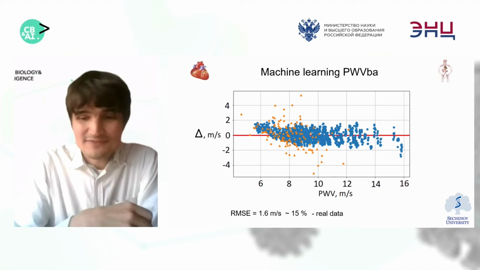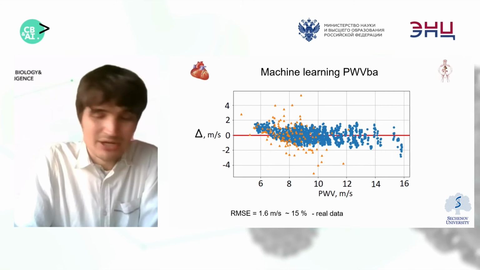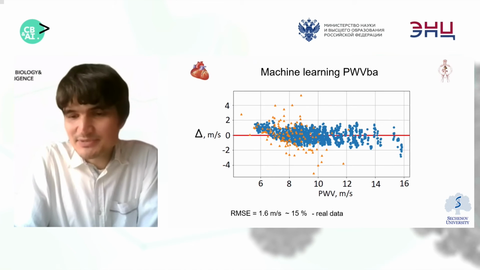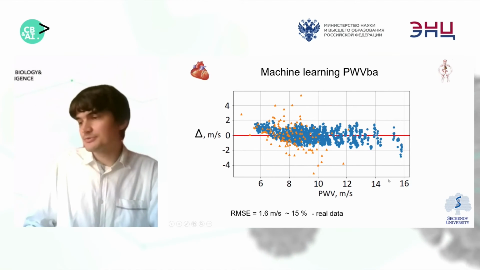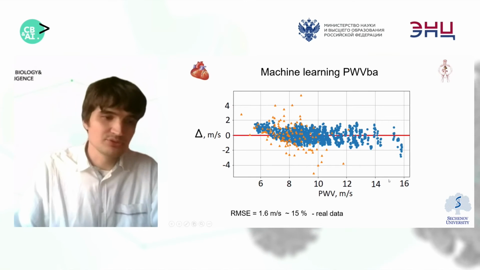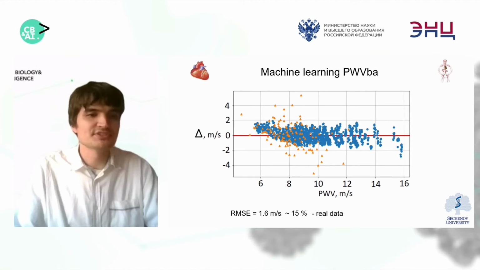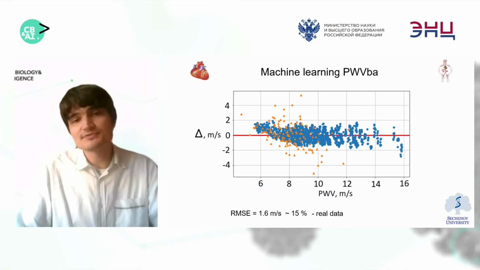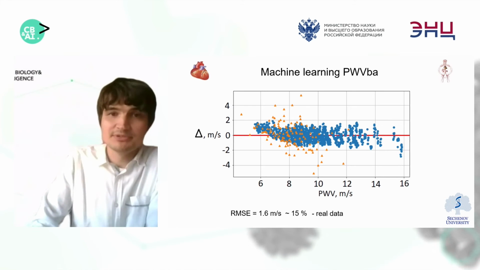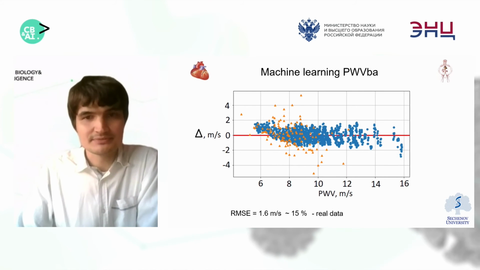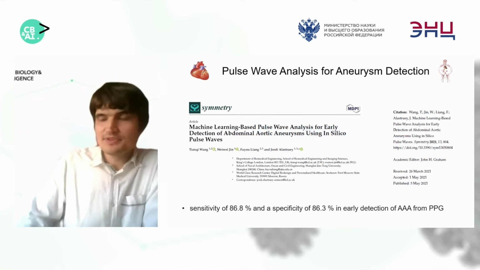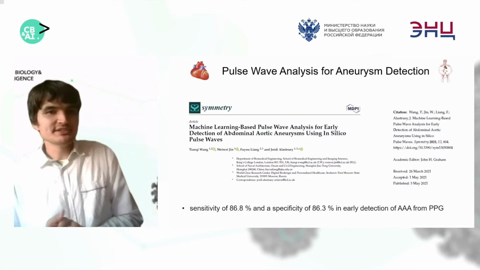And also we used a very restricted number of parameters that can be easily obtained from the patient. If we increase the number of parameters, we can improve our accuracy. So we can use an artificial intelligence method to predict pulse wave velocity, which is an important diagnostic parameter, from just easily obtainable measurements from the patient. So now this approach can be extended.